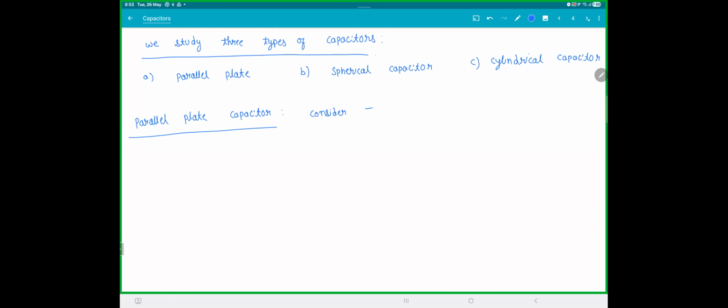Consider two parallel plates facing each other, with a small distance between them. You know why the distance must be small? Fringe effect. You don't want to deal with the fields on the edge.